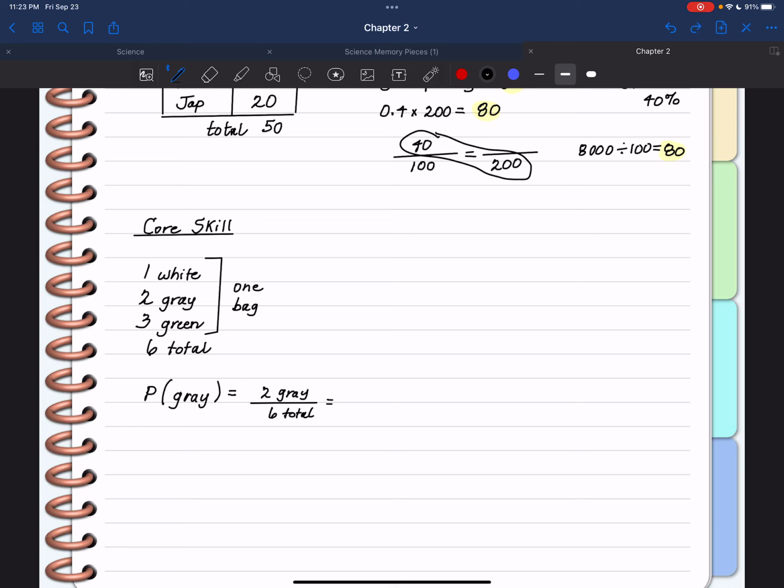How about 1/3? Which is approximately 0.33 or 33%. And this is not equals, this is approximately, because I rounded. So the probability is 1 in 3, or about 33%. And let me move that up here.